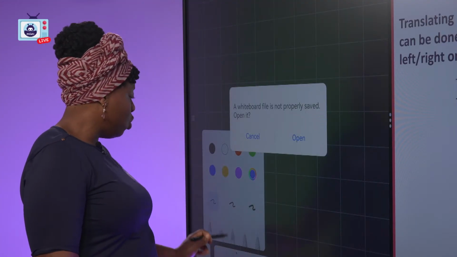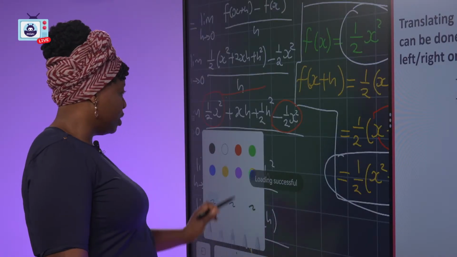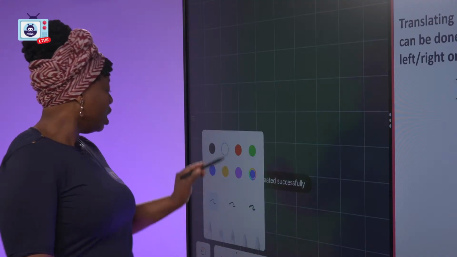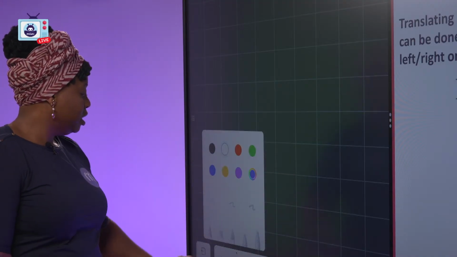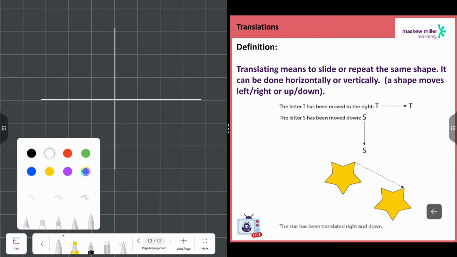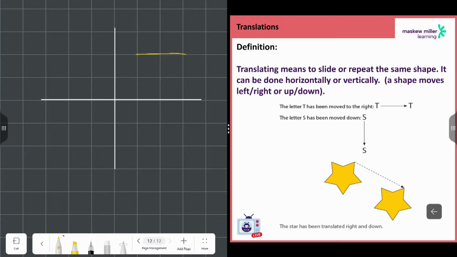So let me show you what we can have, okay? Let me just show you what we can have. So if we have, let's say, mathematically, let's say we have a Cartesian plane, right? And then we have a square. Let's see if we can have something like that.